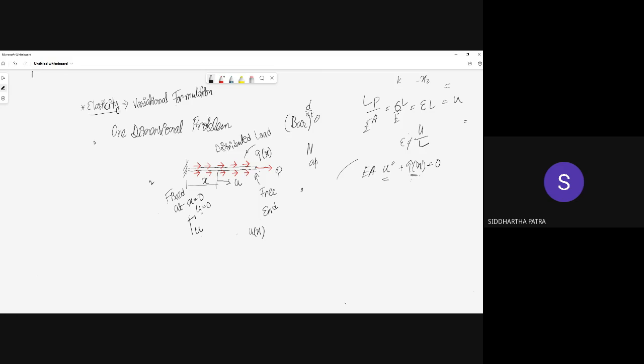When q of x is non-zero, this strain right here is also not constant along the length. It could be changing, and strain is only defined for a differential element.